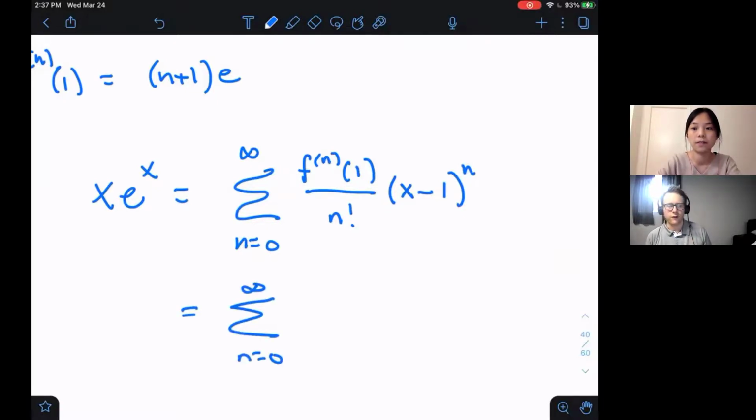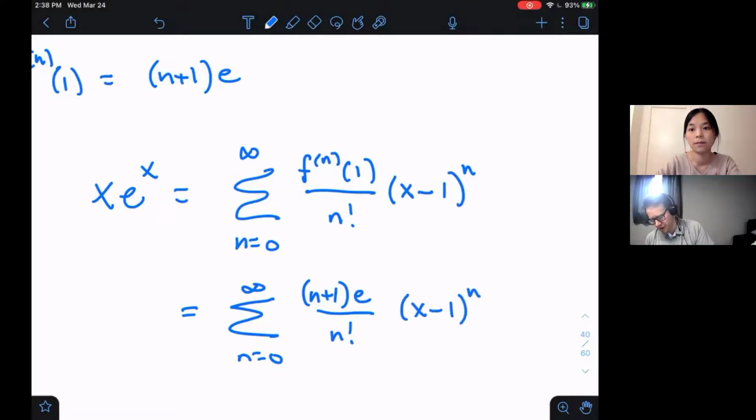So we just figured out our formula. This is going to be n plus 1 times e divided by n factorial. That's all the coefficient stuff, the bits that don't have any x's. And then here we have all the bits with x's: x minus 1 raised to the nth power.